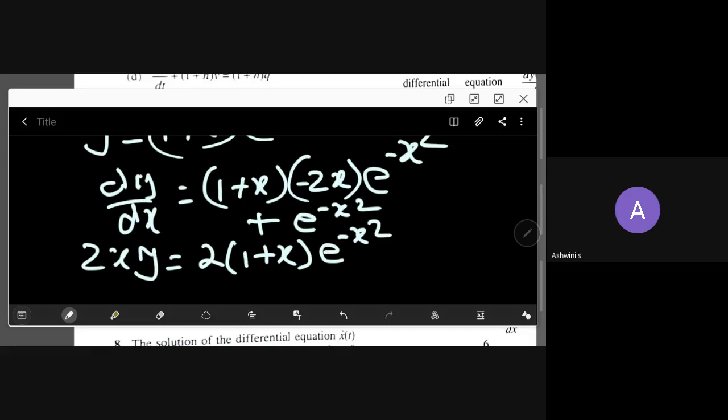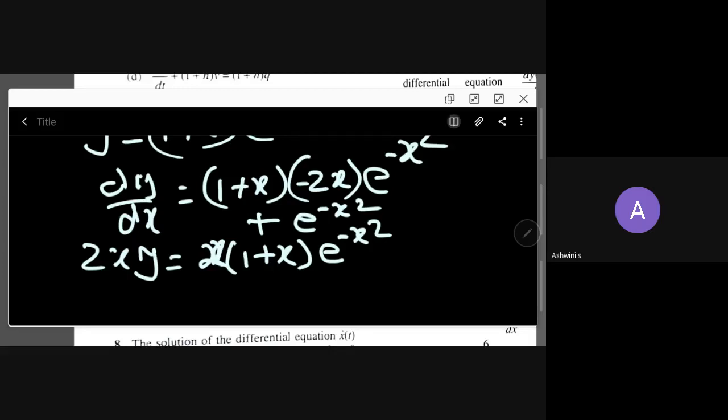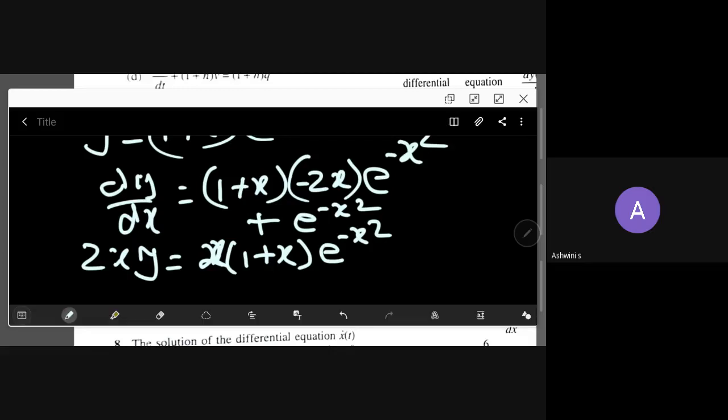Now you have to add these two. If you add these two, it is quite clear. I think C will be the answer. So it is easily coming as C.